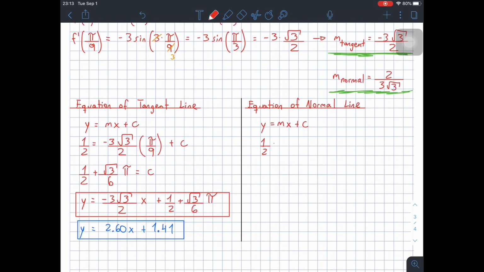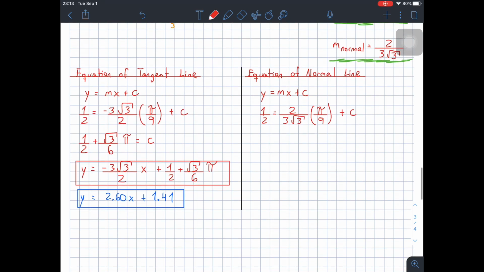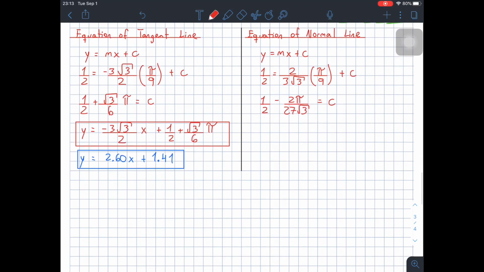1/2 is equal to, the slope is 2 over 3 root 3, x is pi over 9, plus c. So then we solve for c and we get a value of 1/2 minus 2 pi over 27 root 3. This is the value of c. So once I have the value of c, I can write the equation.